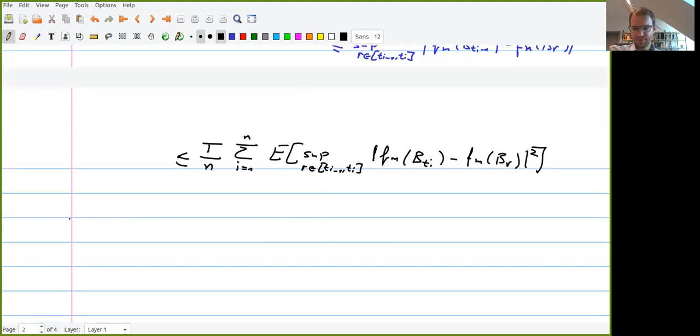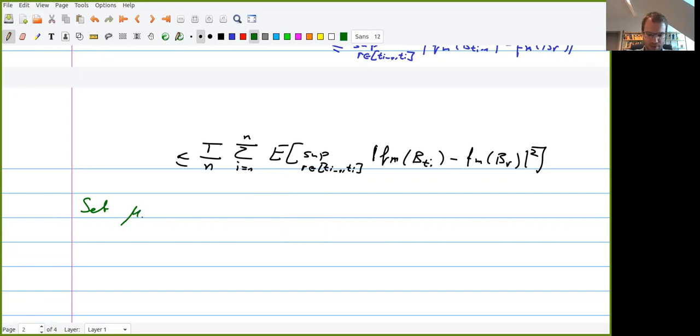And now f is uniformly continuous. So let me introduce the modulus of continuity.